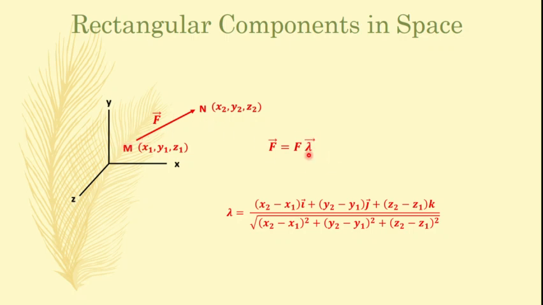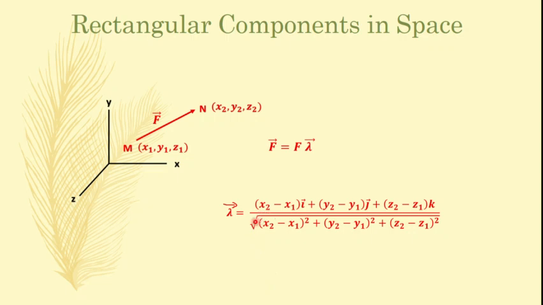And we can write this unit vector lambda, suppose we give here the arrowhead, that is lambda is the unit vector which acts along M to N direction.